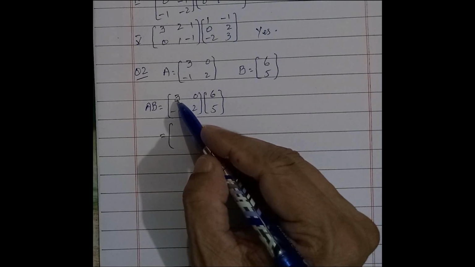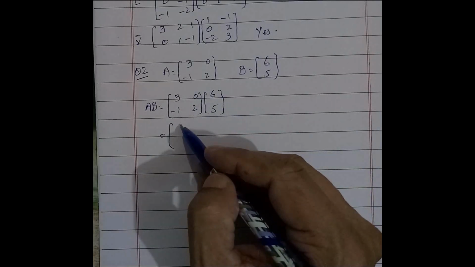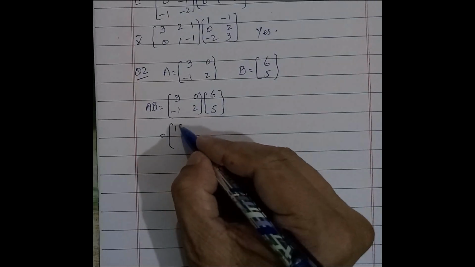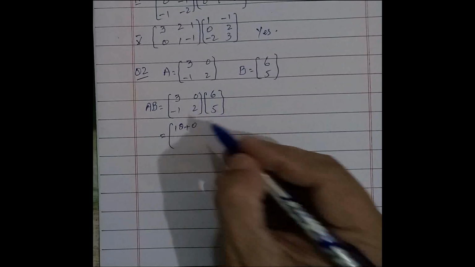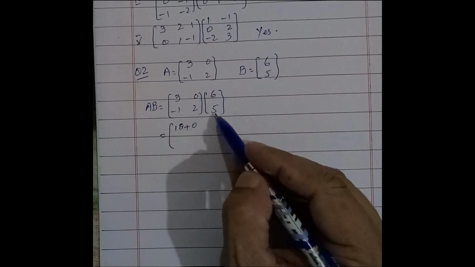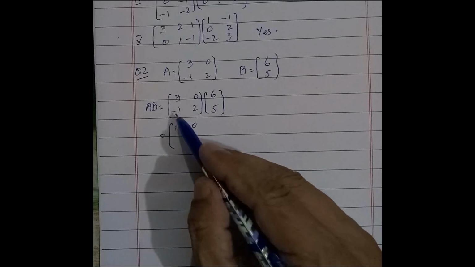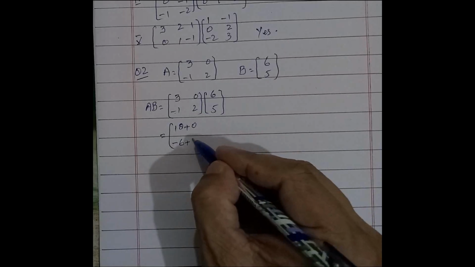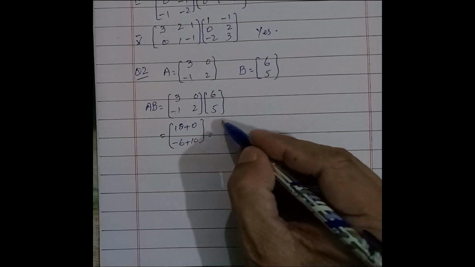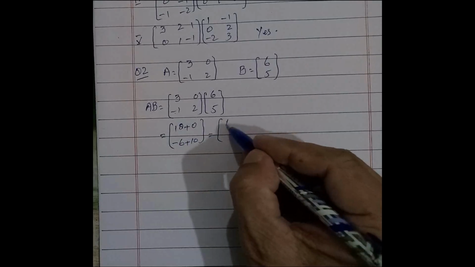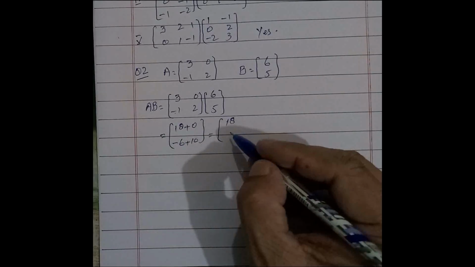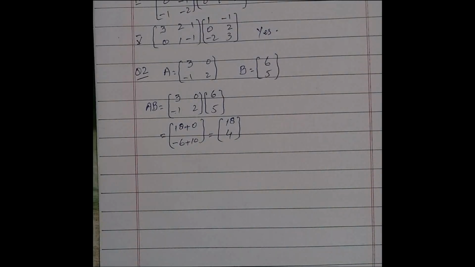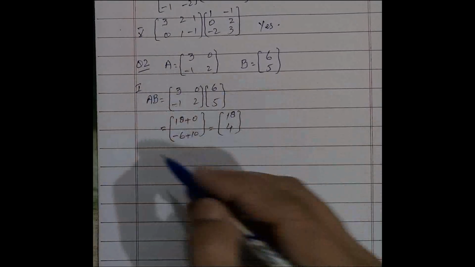First we multiply the first row with the first column, write it at the first row, first column position, and add them: 3 times 6 is 18, plus 0 times 5 is 0. Then the second row with the first column: minus 1 multiplied by 6 is minus 6, plus 2 times 5 is 10. Now we simplify these values: 18 plus 0 is 18, and minus 6 plus 10 is equal to 4. And this is the answer of AB, which is the first part.